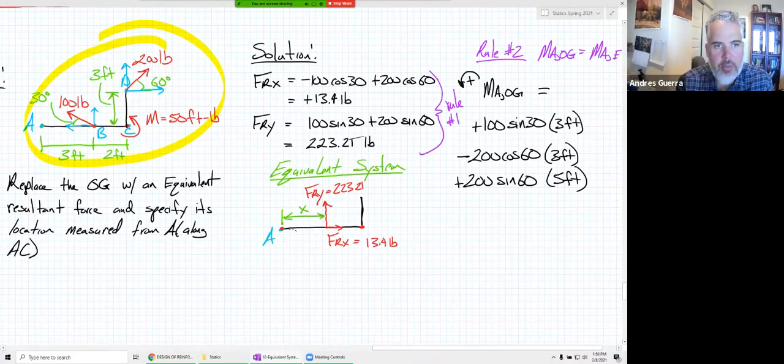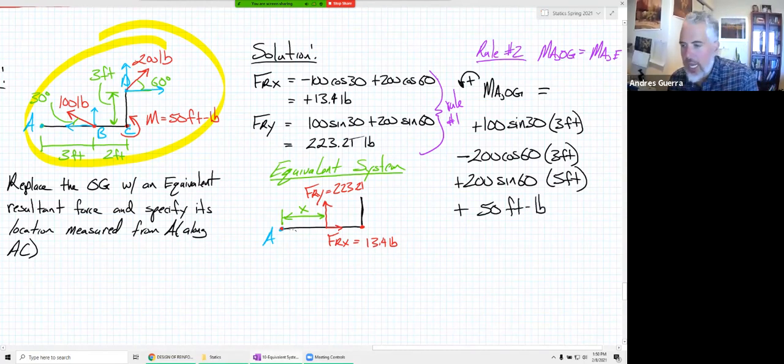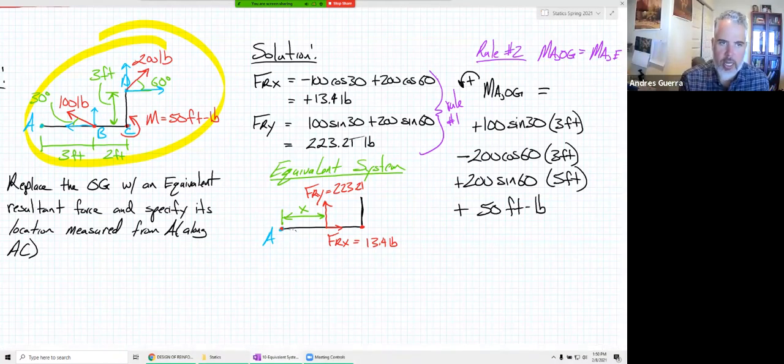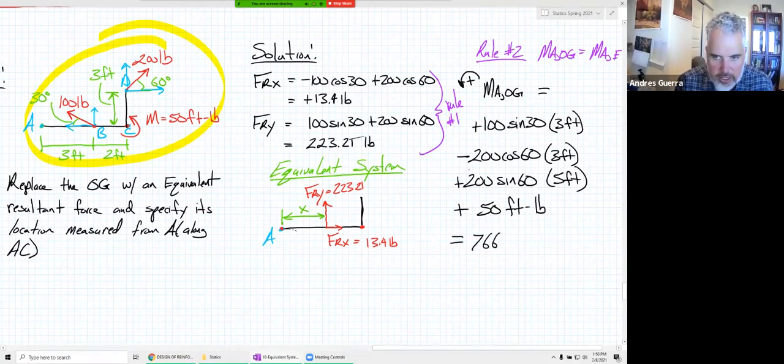And then I've got this M of 50 foot-pounds plus 50 foot-pounds. I don't have to multiply it by distance because it's already in foot-pound units, and it's a couple moment. And so I just look and it's going counterclockwise, so it's positive. So I'm going to find my moment about A of the original is equal to, when I add it all up, 766.03 foot-pounds.